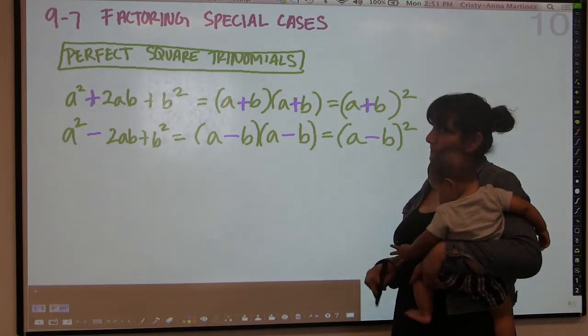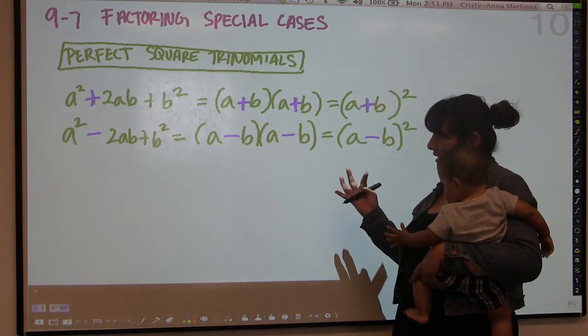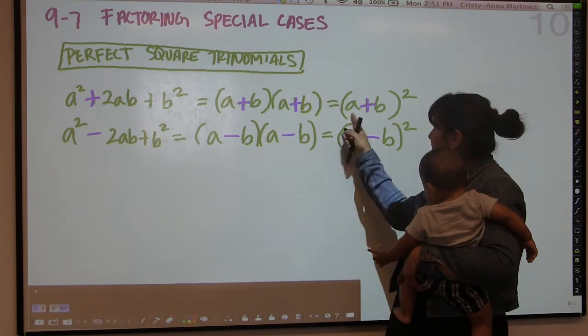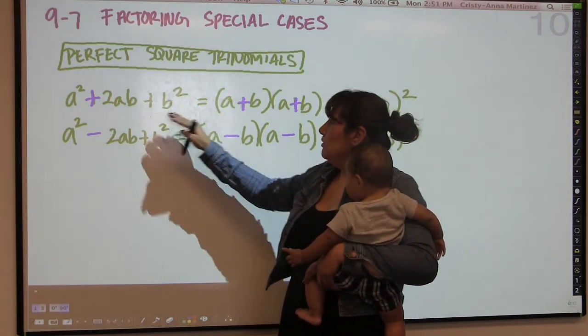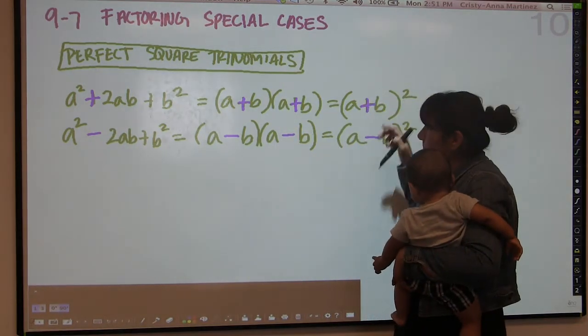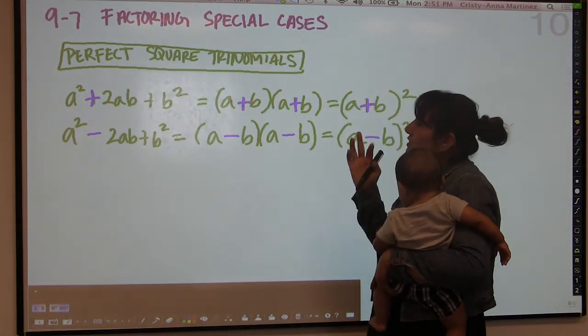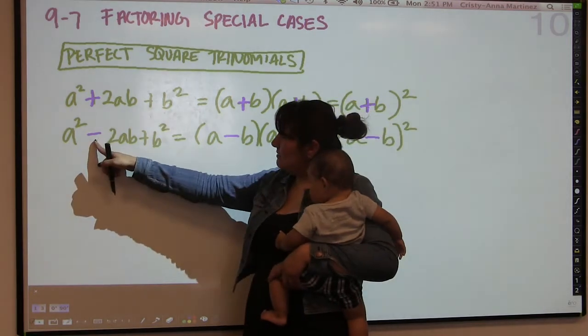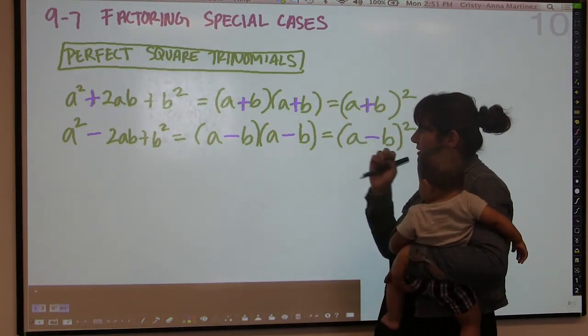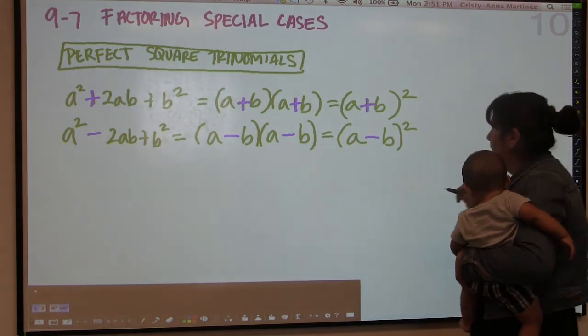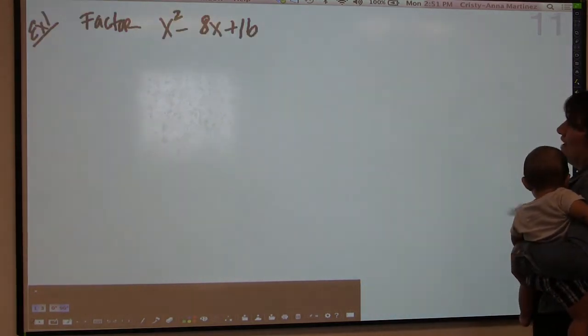And now we're going to be going backwards, because instead of expanding it, we're going to be condensing it into a factored form. So we'll go from having a 3-term polynomial to having just a binomial squared. Remember that if this is a minus, it means that this will be a minus, and vice versa. If it's a plus, it'll be a plus. So I just wanted to remind you of that, and we're going to show you how to go backwards today.